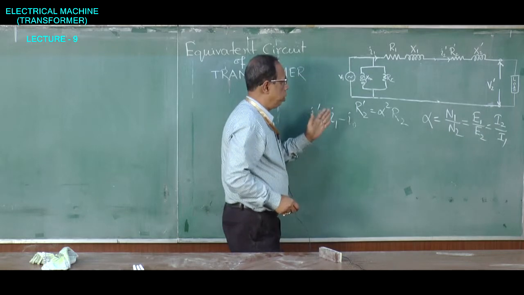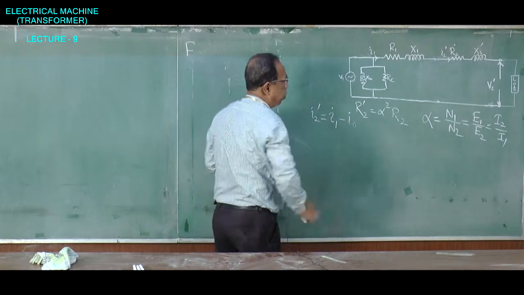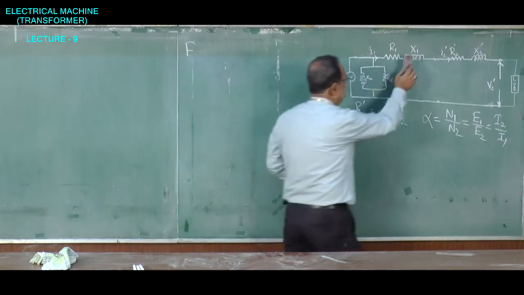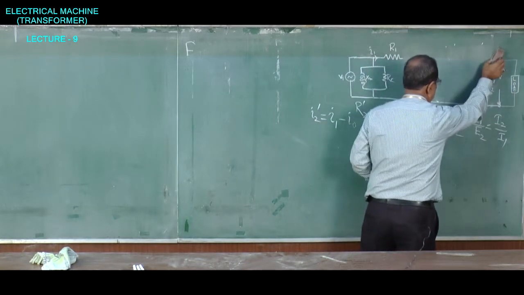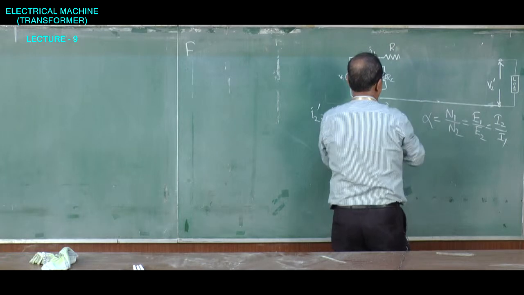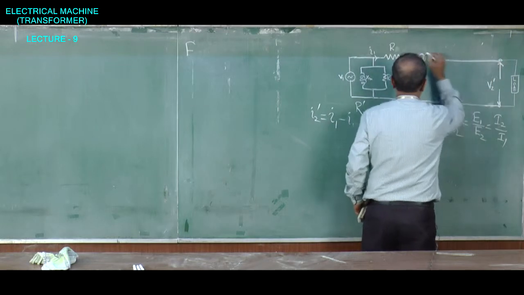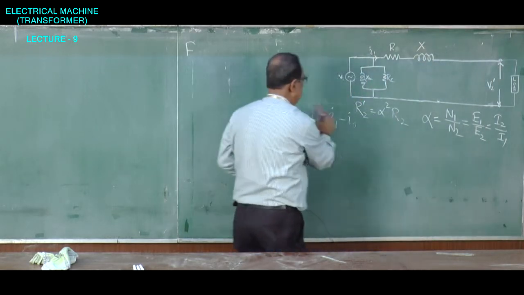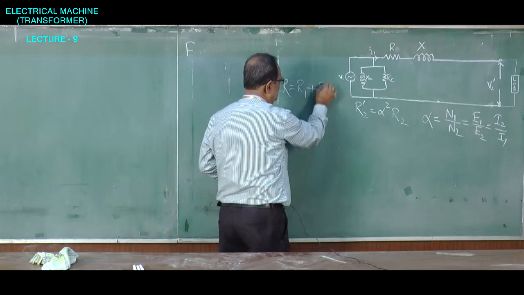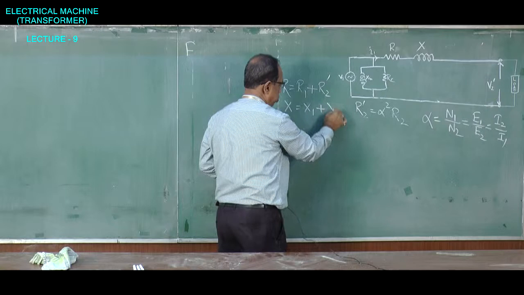Before going further, we can very well say that this circuit is becoming a very, very simple circuit, looking like only one resistance R and one reactance X, where R is equal to R1 plus R2 dash, and X is equal to X1 plus X2 dash.